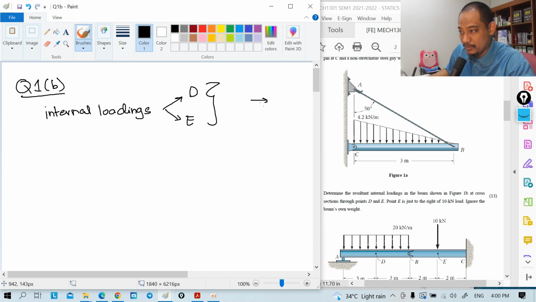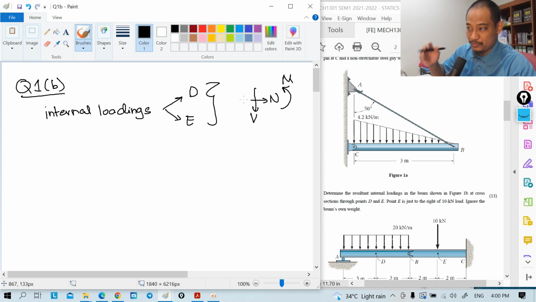We have normal, we have shear, and we have a moment, right? Of course, this depends on which side, meaning the direction depends on which side you draw, right? So this is an example, but you have these three values. So for point D, you have to find N, V, and M, and for point E, N, V, and M.